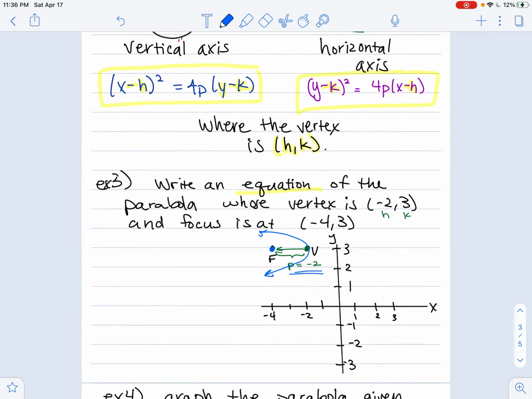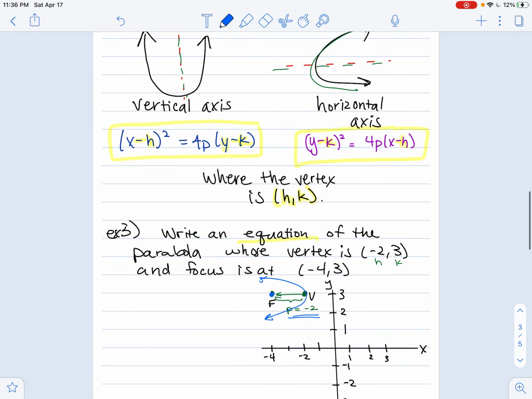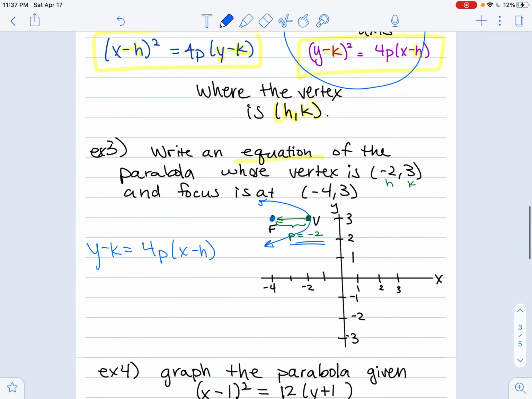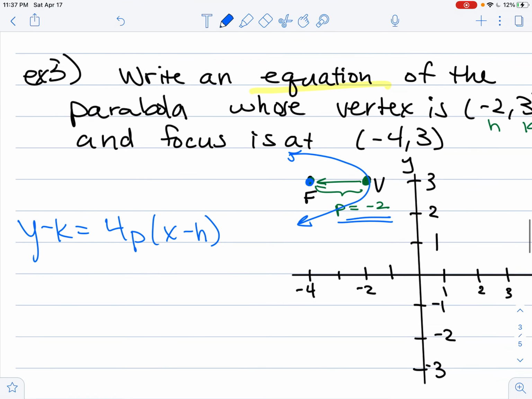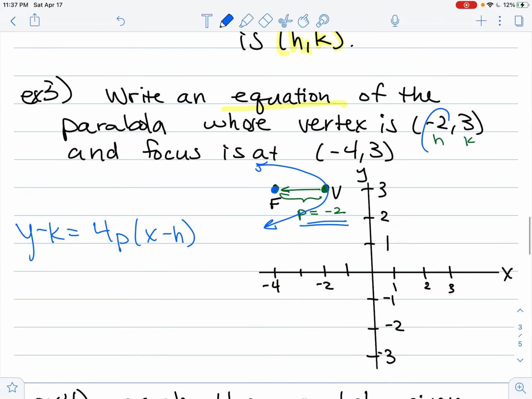So again, I'm going to look up here. And remember, this is the one I'm looking at. So I'm going to want it to look like y minus k equals 4 times p times x minus h. And I'm just going to plug in what I've got. So remember, this h, k goes right here. So it's going to go y minus 3 equals 4p.